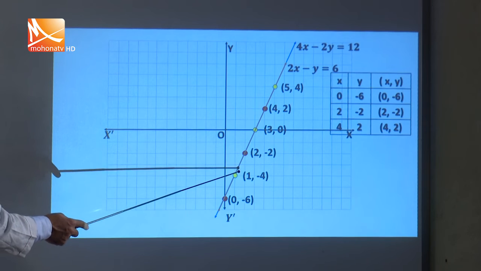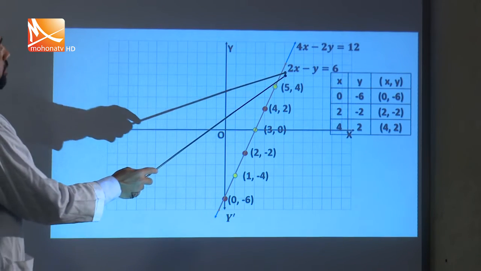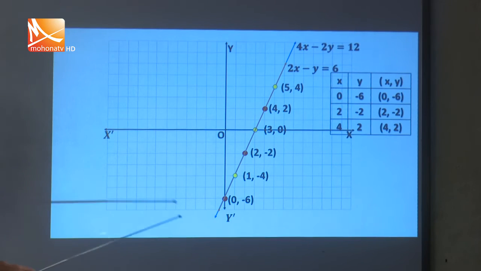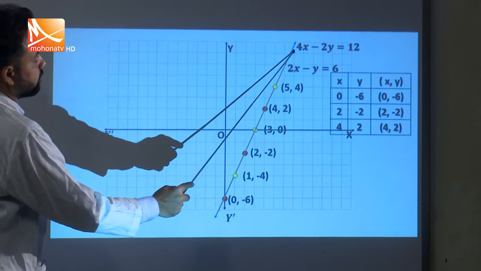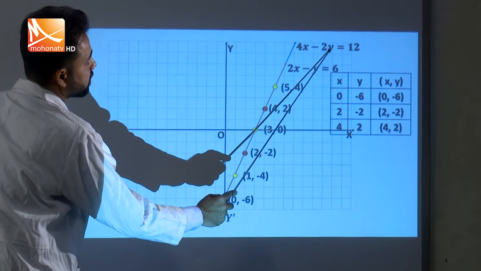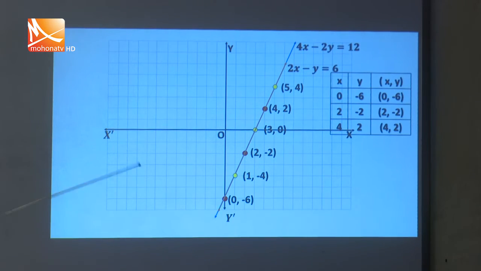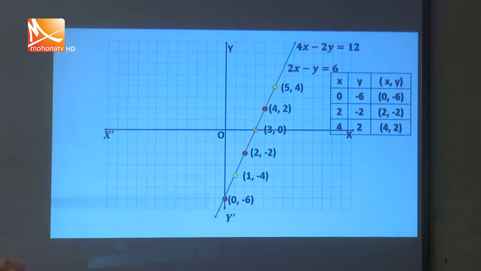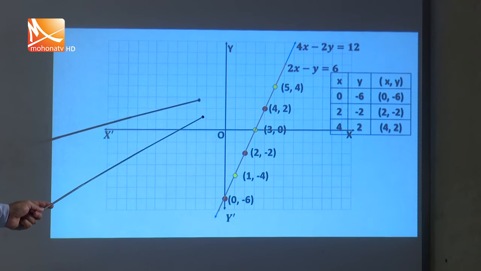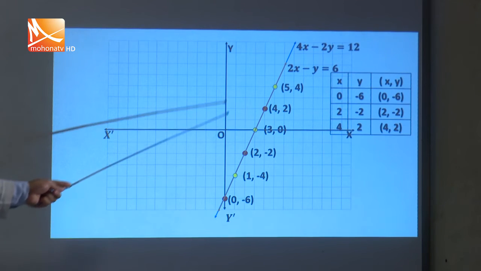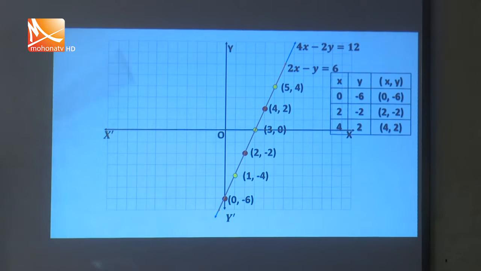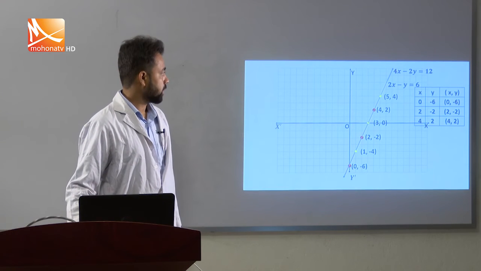So, the two equations lie on the same straight line, and this second straight line is also situated on the first equation's line.